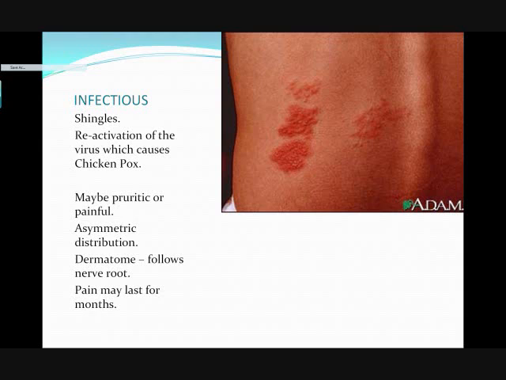It's usually very painful to touch because the nerve endings are right at the surface. It sometimes looks blistery, like a cold sore on your mouth, but on the skin. Dermatome means it follows the nerve root, so that's where it's going to come out. That's why it's painful. And pain may last for months.